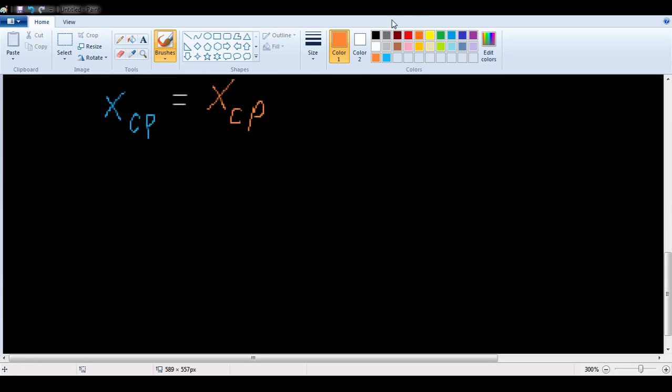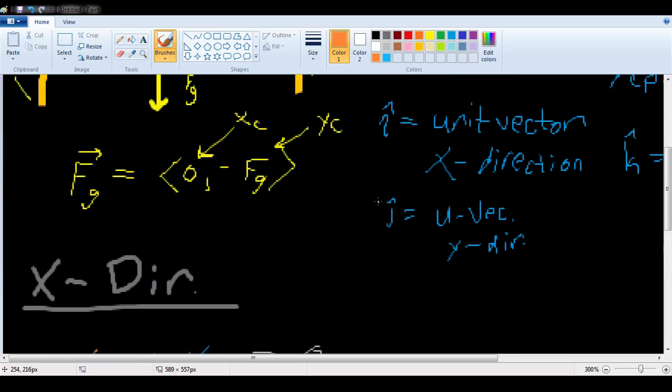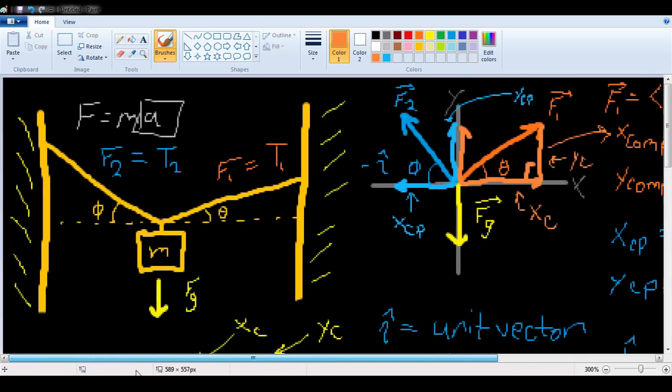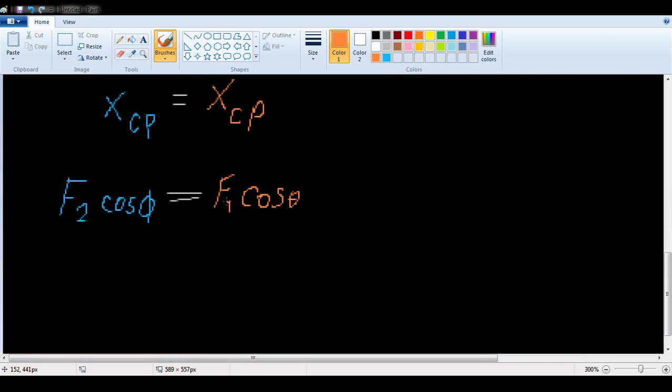So let's rewrite this with the actual components in here, and we'll have F2, and the x component was cosine theta, I'm sorry, cosine phi, is equal to F1 cosine theta. So that's going to be important because that's a nice simplifying equation there. We have just equated F2 and F1.